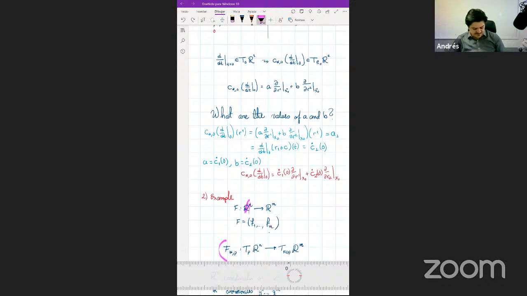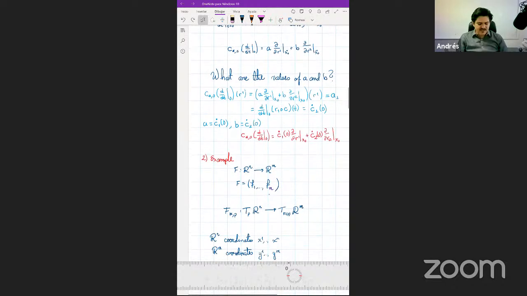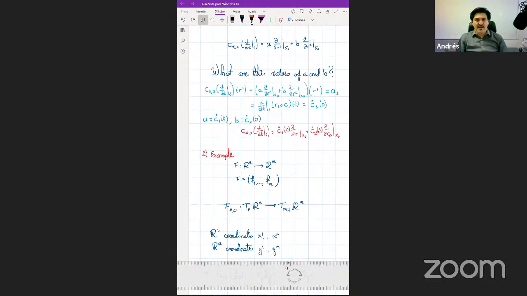Okay, so for this example, I'm not going to use the Ri's as coordinate functions because I have two Euclidean spaces. So I will use the x for Rn and the y's for Rm. That's going to be my coordinate functions. I'm going to avoid the Rj's.